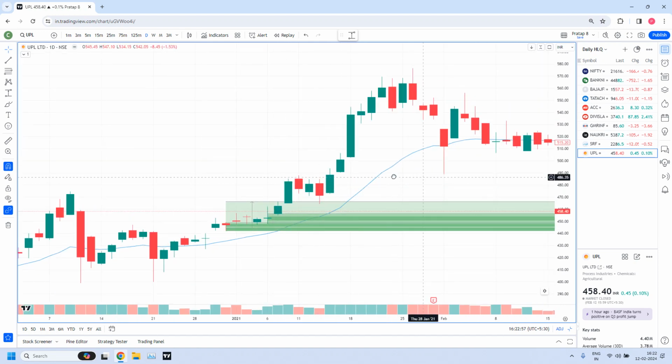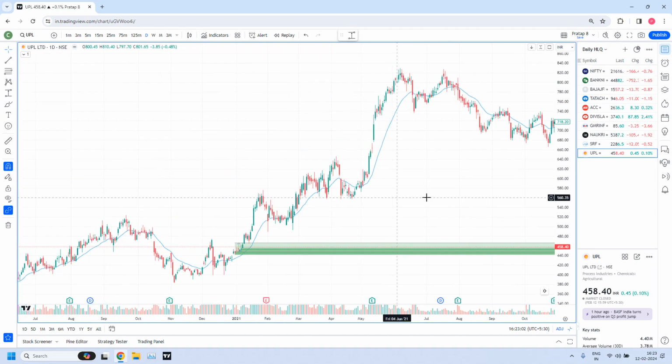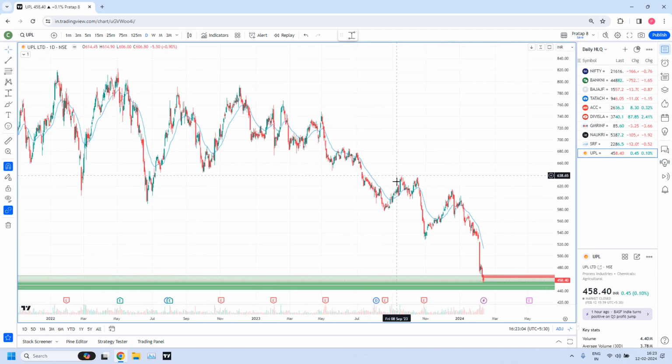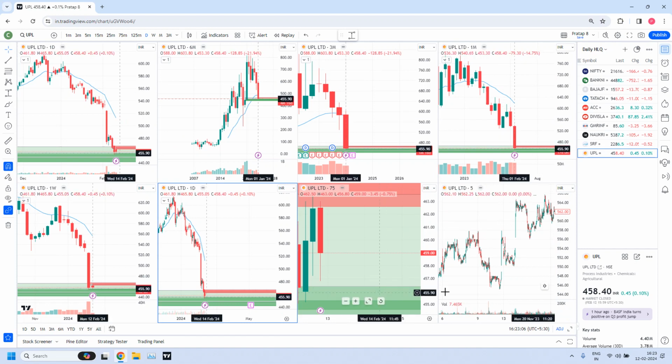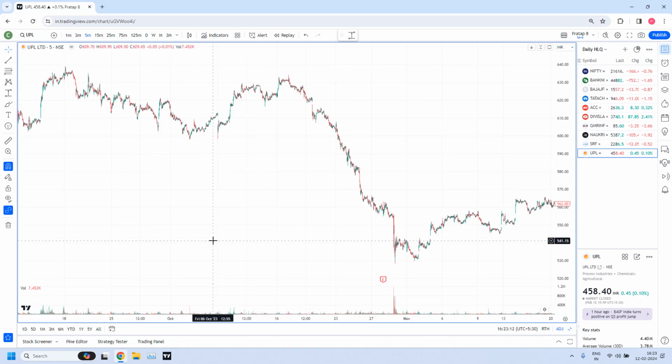That way a zone was created previously. So inside this zone, we identified 75-minute zones. The first 75 minutes is very important because inside that 75, a new 15-minute zone was created.